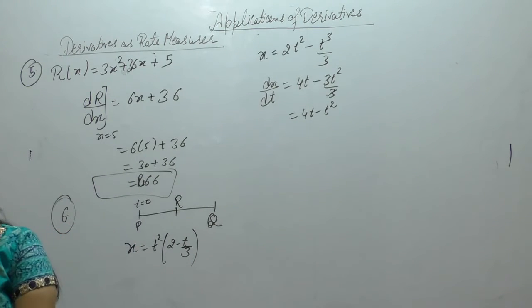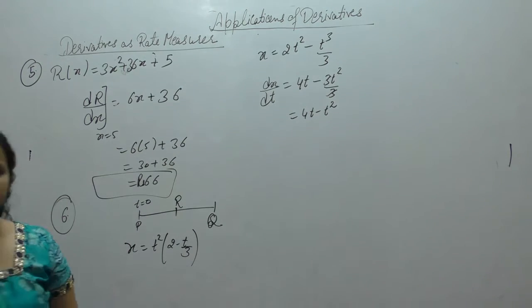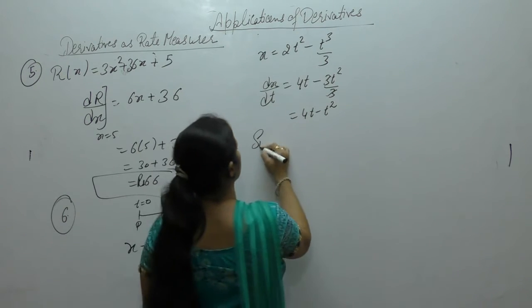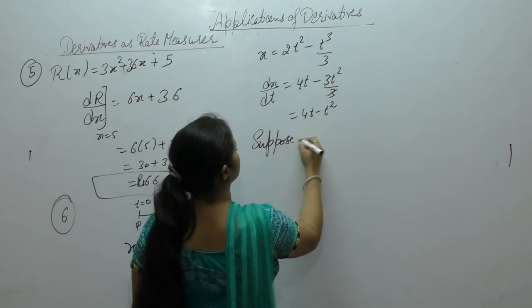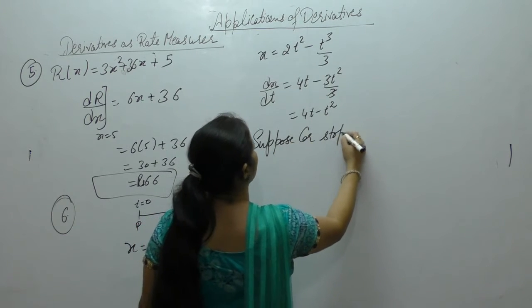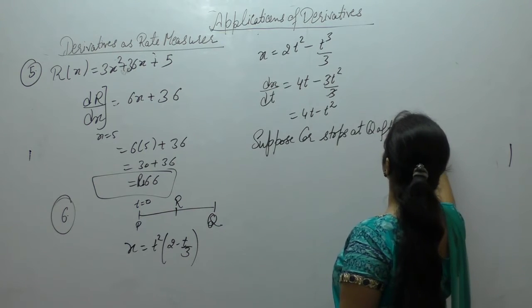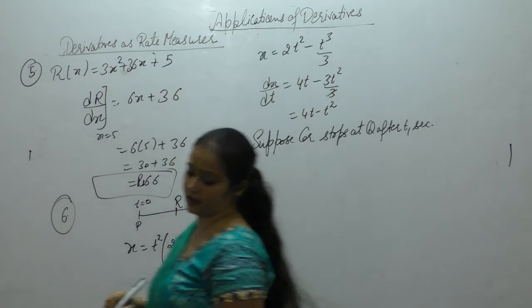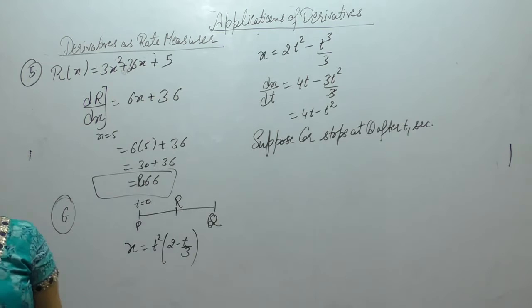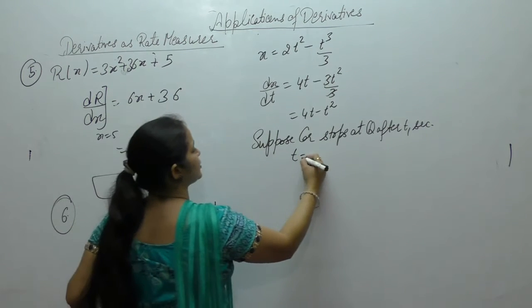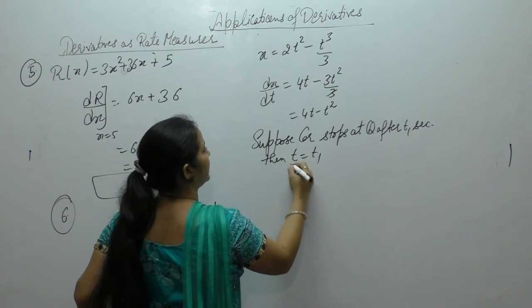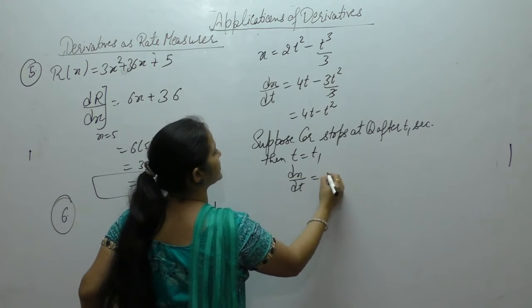Now, suppose the car stops at Q at t = t1 seconds, then at t = t1, dx/dt equals 0.